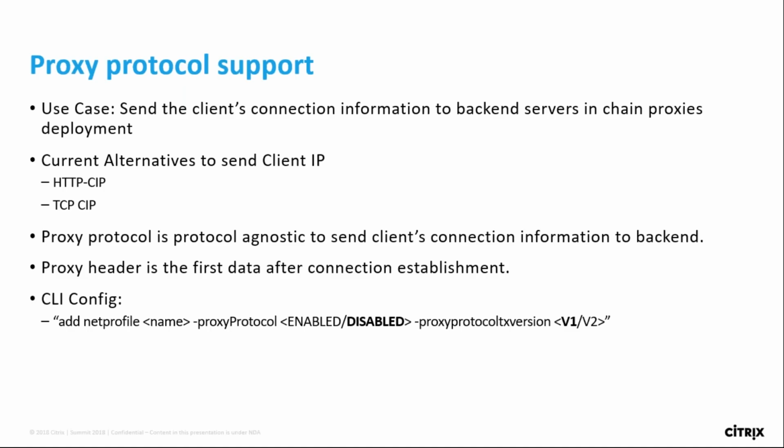You can use it for HTTP, TCP, FTP, or different forms of other protocols. And this proxy protocol sends the first data after the connection is established. From the CLI command, you can see that if you want to use this proxy protocol, we have given the option to enable or disable it through the net profile.